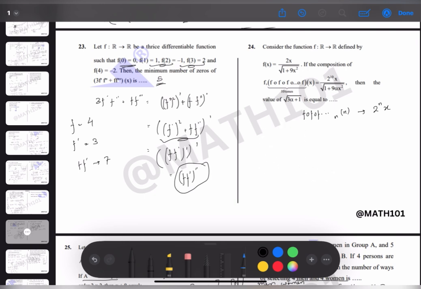For the denominator, let f of up to n x be 2 to the power nx upon root 1 plus tn x square.